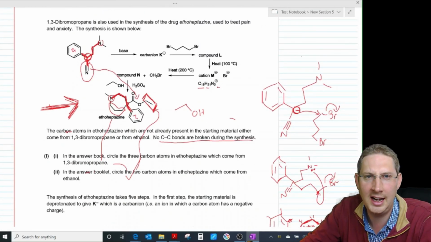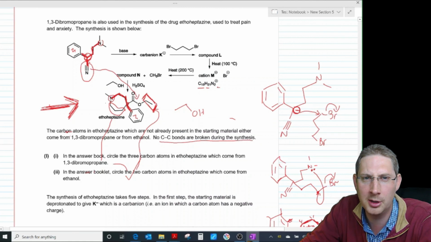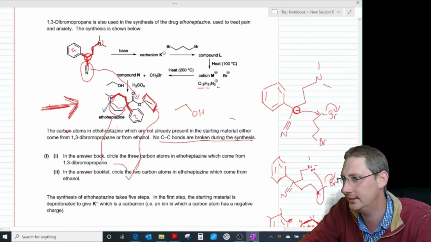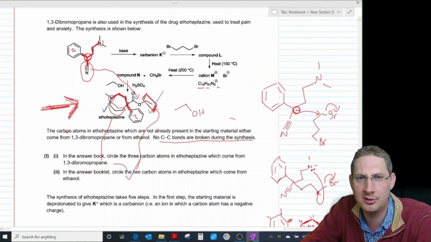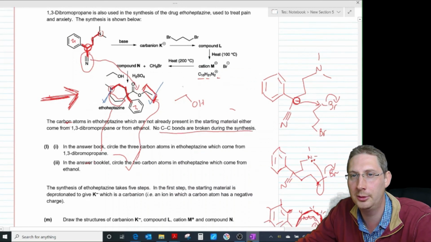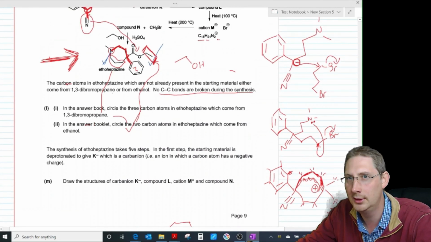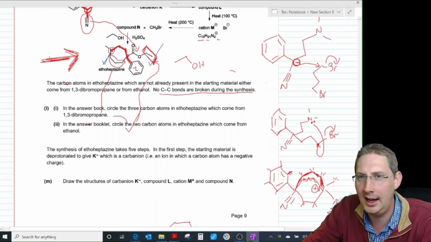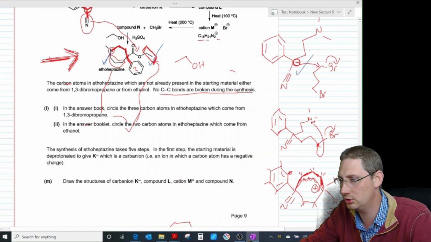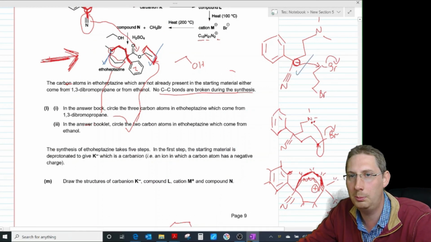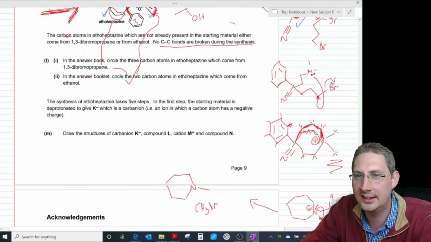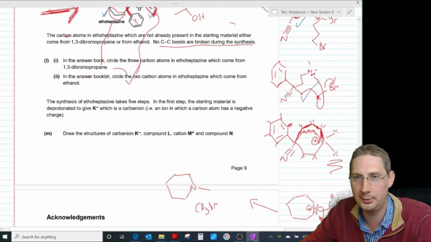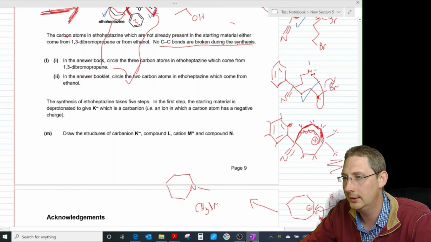The 3 carbon atoms that came from bromopropane, yes. The 2 carbon atoms that came from ethanol, yes. I'm doing better in this than the first question. Anion K, absolutely, the negative charge on there. Compound L is indeed attached to the bromine, just like we saw earlier in the question.